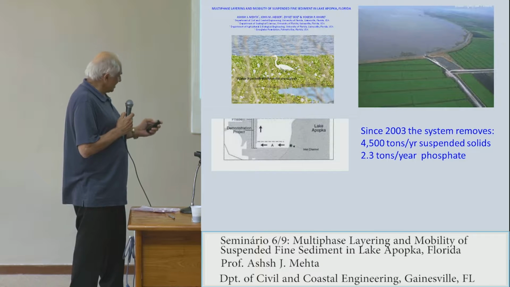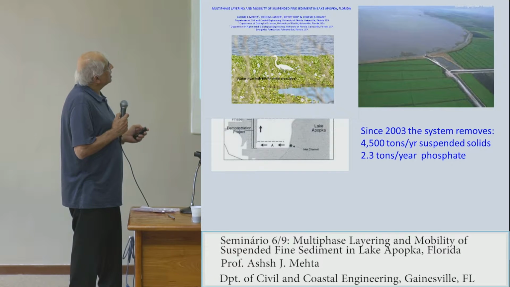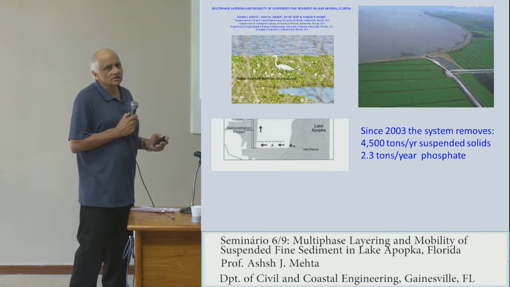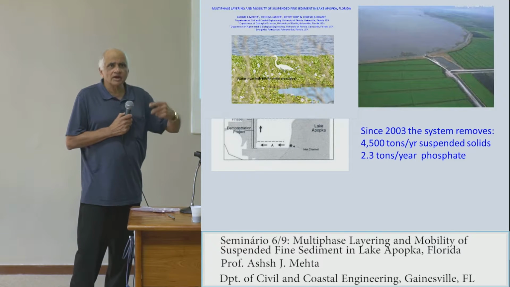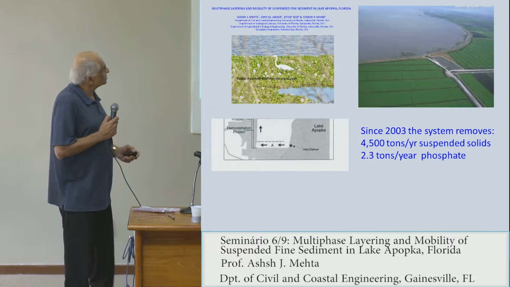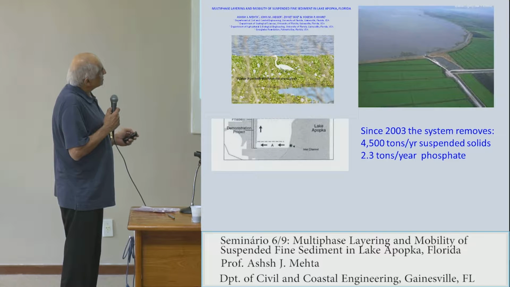So this is Lake Apopka. You can just see part of it. And this is a canal that runs between this lake and the next lake. This canal is used to control the water level in the lake. So what they do, and this is the standard practice for improving the water quality in lakes in Florida, is create these wetlands.